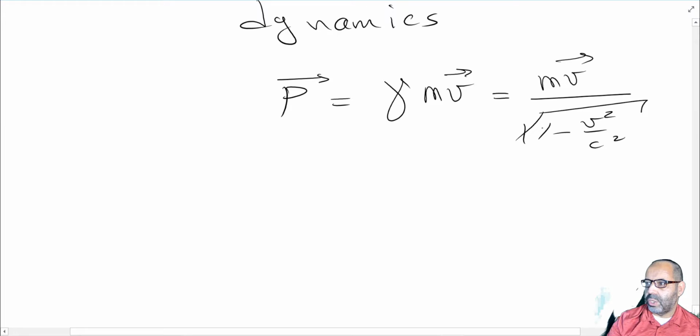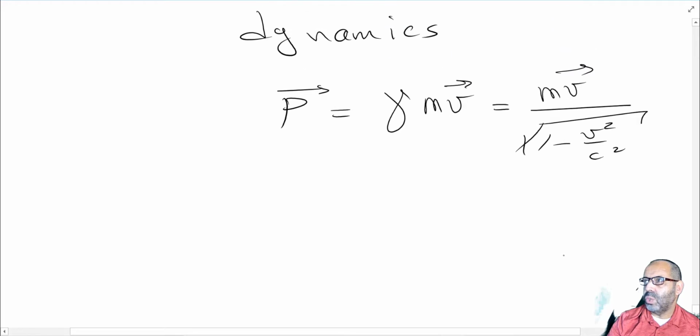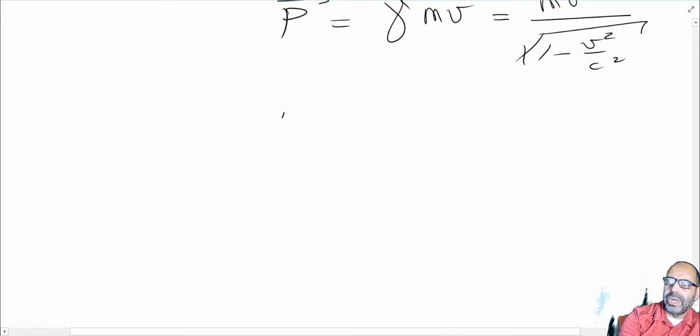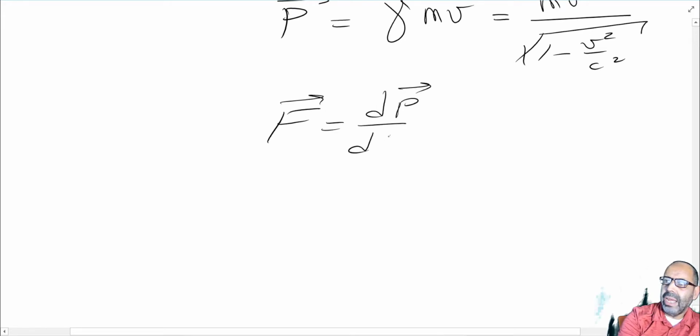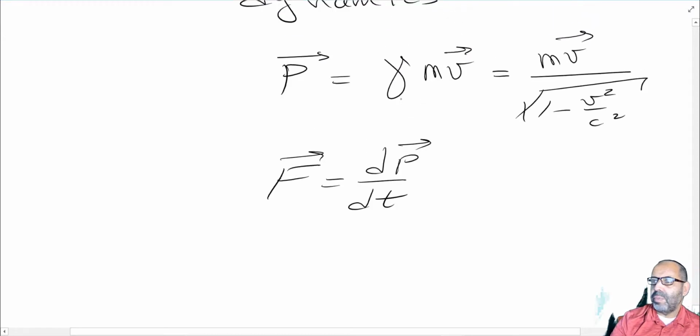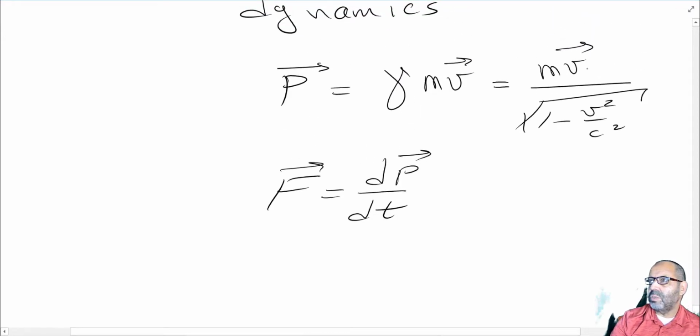So here is the trouble with this expression. If I'm going to do F equals ma, I'm supposed to say F is equal to, I'm going to use the momentum version of it. I'm going to say F equals the rate at which the momentum is changing with time. And if I do that, and I take the derivative of this expression, well, the derivative of the velocity with respect to time, that is the acceleration, there is no problem with it.